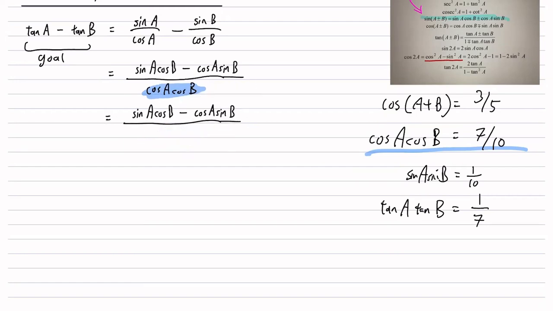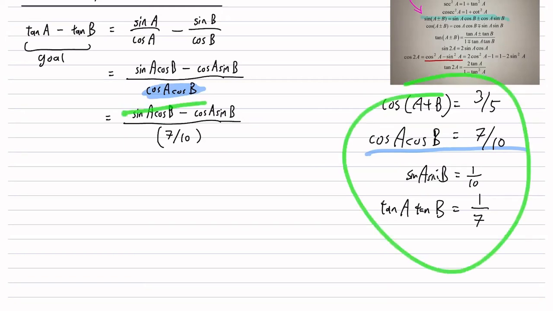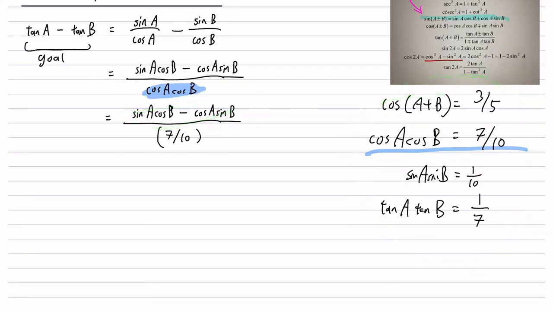Still can replace the denominator with 7/10. But the numerator now becomes a problem. How? Think about it. All the information we have is available already. You just need to be strategic.